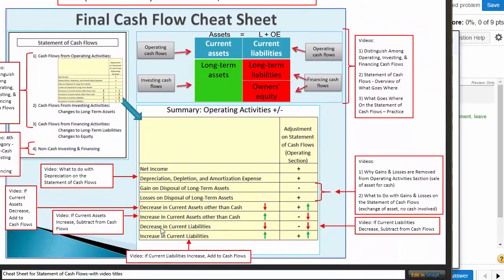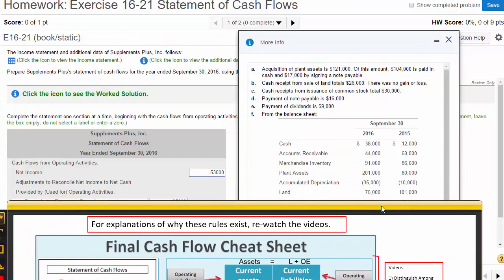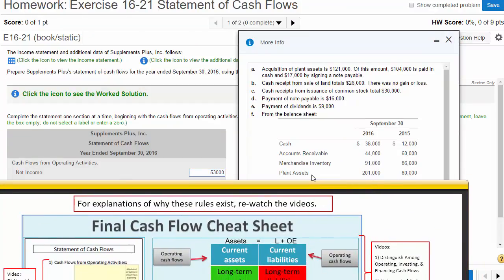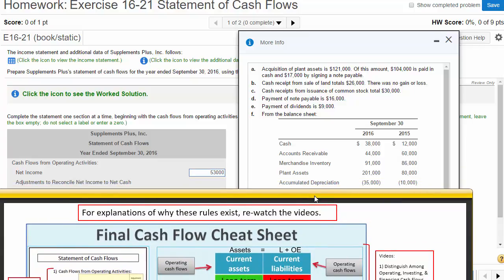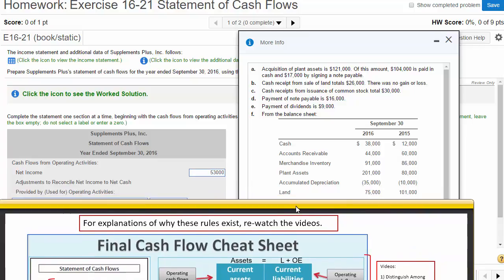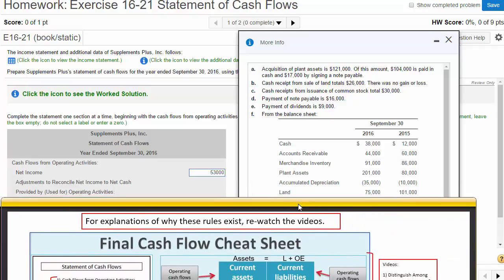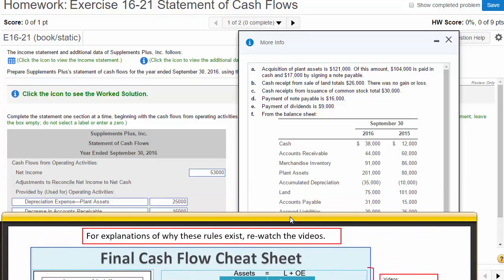And if you double check our rule, increase in current asset, we subtract. Next are plant assets. Plant assets are not a current asset, so we skip them. Accumulated depreciation, that's a contra asset that goes along with plant assets, so we skip that. It's not a current asset. And land is not a current asset, skip that.